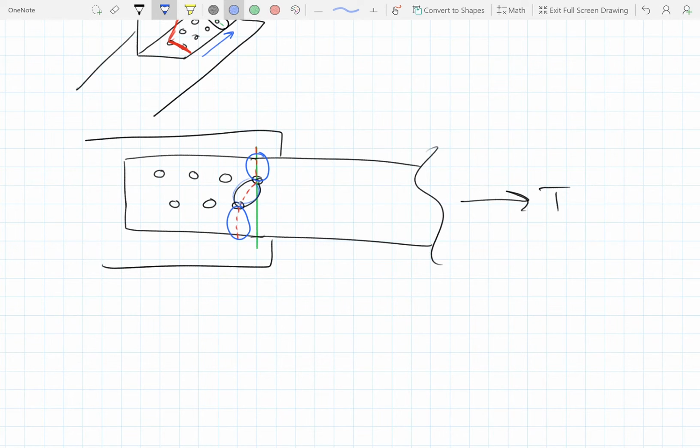So what AISC says is they just give you a little fudge factor. They say it's S squared over, I believe, 4G. Let me look that up really quick. Yeah, S squared over 4G, where G is this distance, the gauge, and S is the pitch.